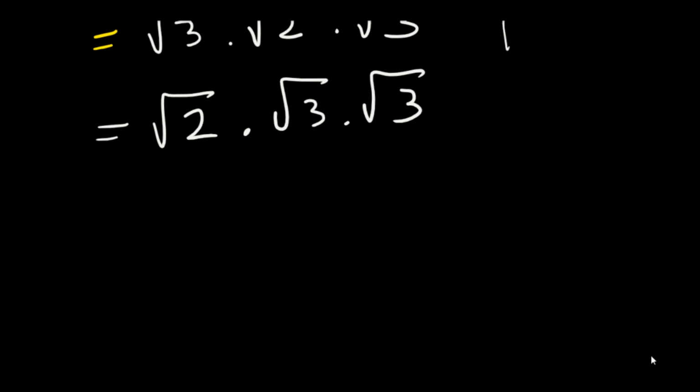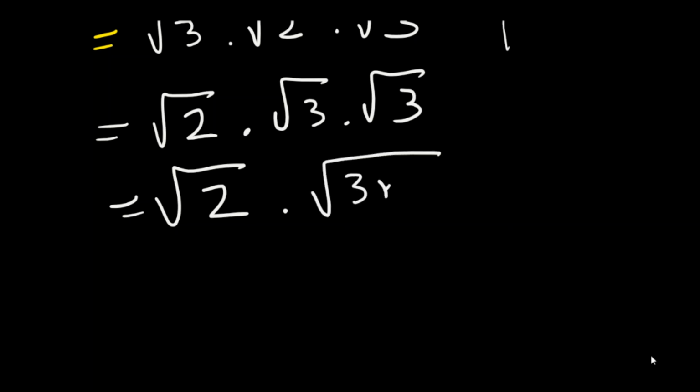Normally, we said it was 3 times 2 and we expanded. But now, it's the opposite. We have the root of 3 and the root of 3, which we can combine because these roots are multiplying each other, and we just want to simplify further. So we can say the root of 2 multiplied by the root of 3 times 3.